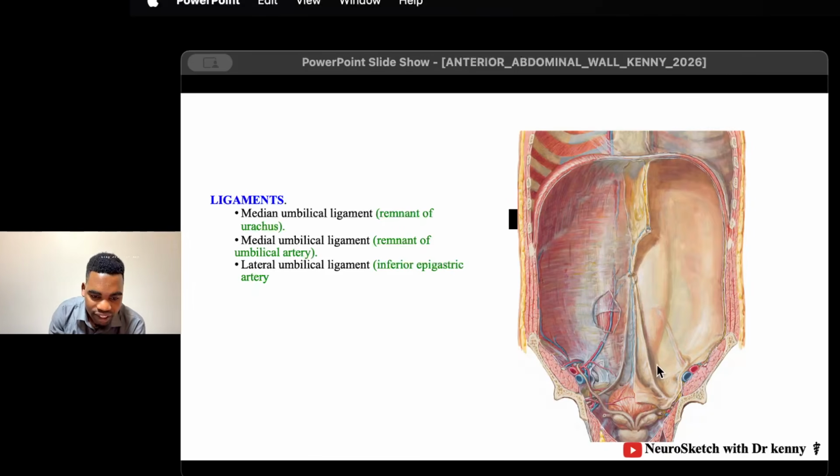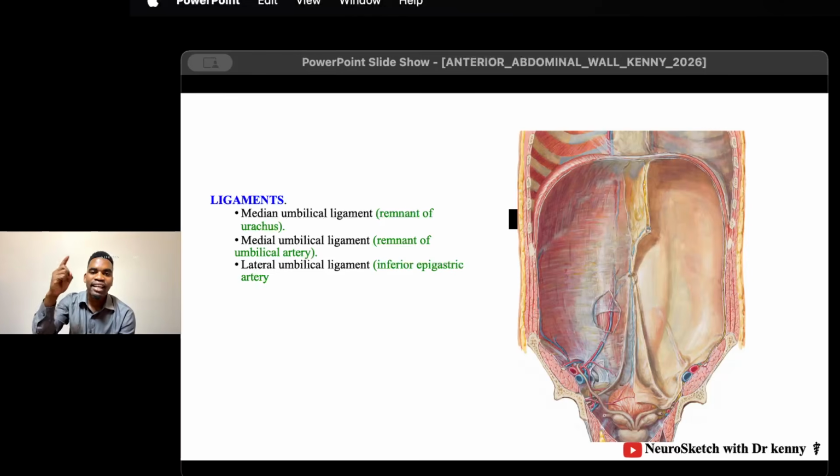Here we have the medial umbilical ligament on either side, one on this side and one on the other side. These medial umbilical ligaments are remnants of the umbilical arteries. What happened to the umbilical veins? You remember we had two umbilical veins, the left and the right.